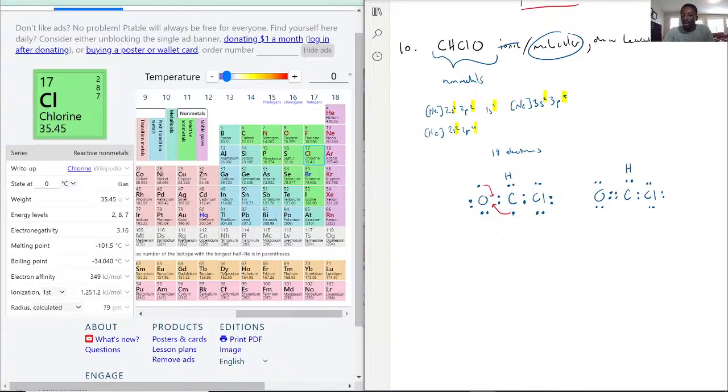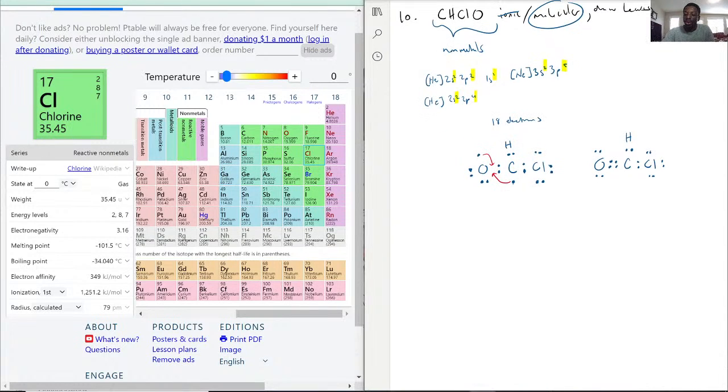Now we're going to figure out the theoretical charge of each one. Chlorine has 7 valence electrons. Subtract, it has 6 electrons by itself and is sharing 2 more, so that's why you divide by 2. That does equal 0.